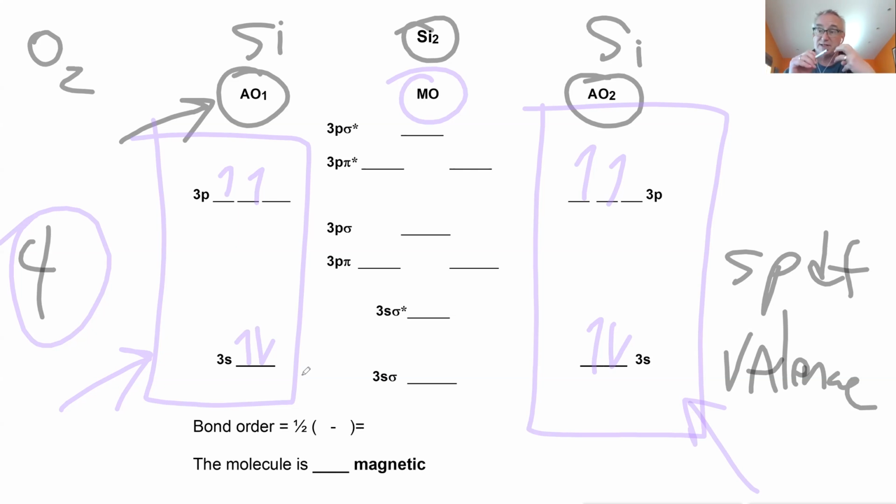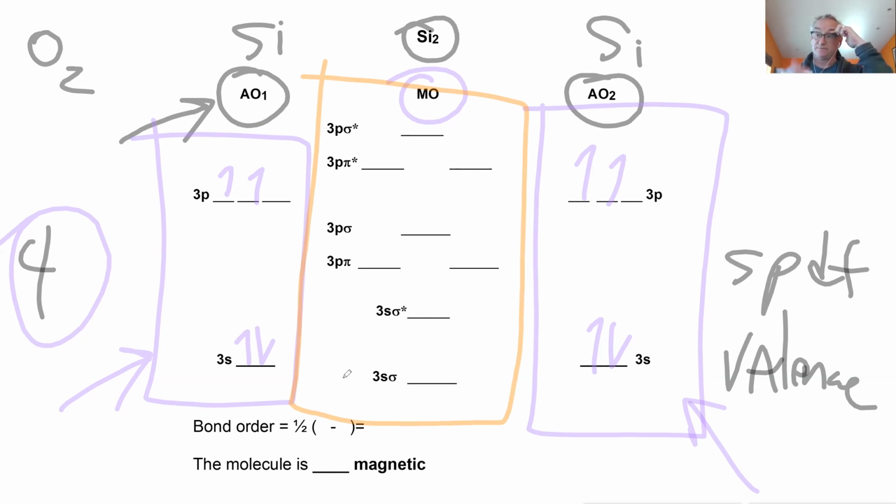So now we've established what one atom looks like, what the other atom looks like. Now it's time to fill in our molecular orbital in the middle. So where do we start? The lowest bonding energy. Always start at the lowest bonding energy.